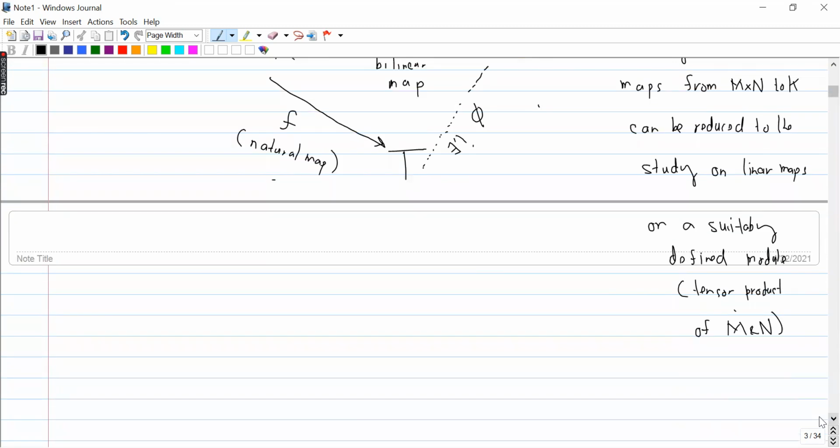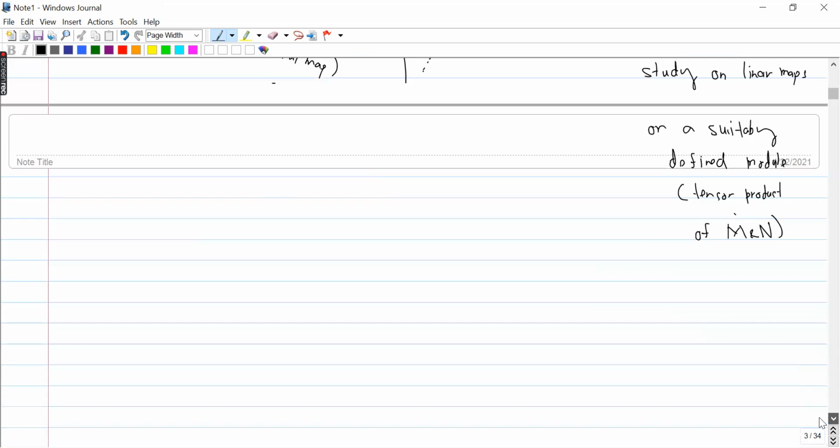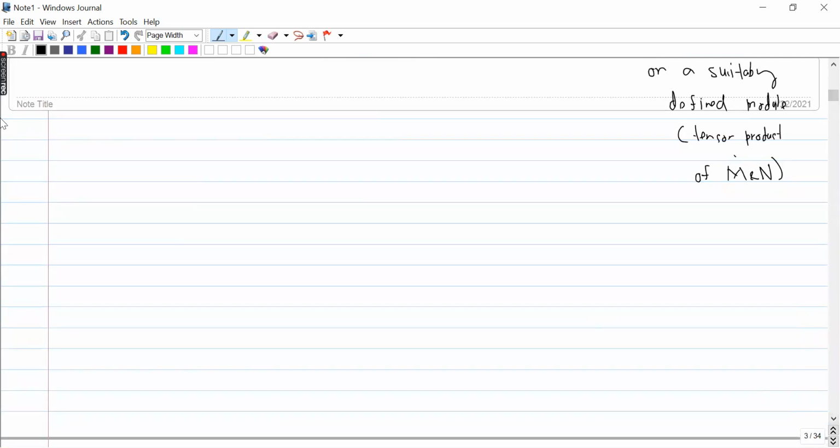This is the motivation, and now we will see the proper definition. So what is the definition? Let M and N be R modules.